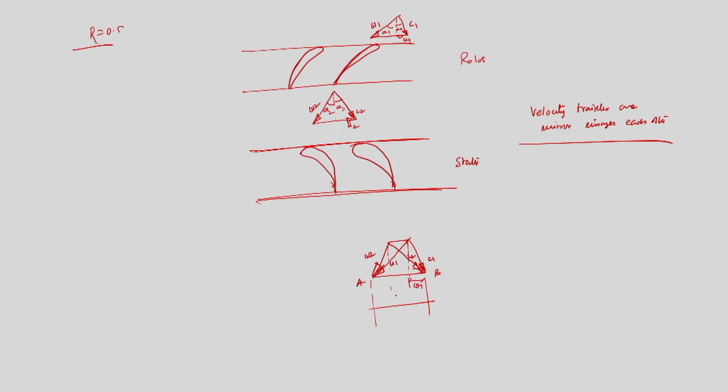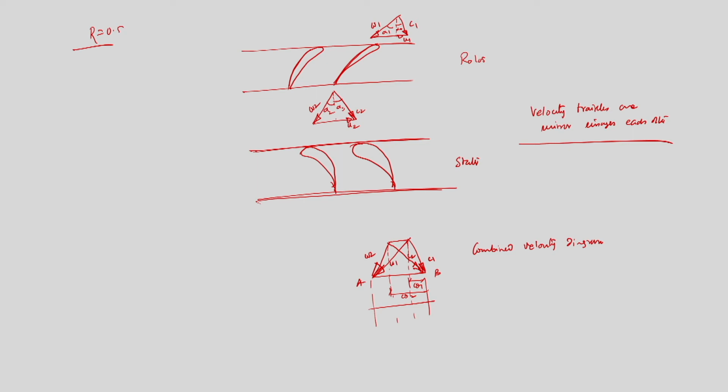This is C theta 1, this is C theta 2. So this is the combined velocity diagram, and if I make the equation dimensionless by dividing by u, that is what you will obtain.